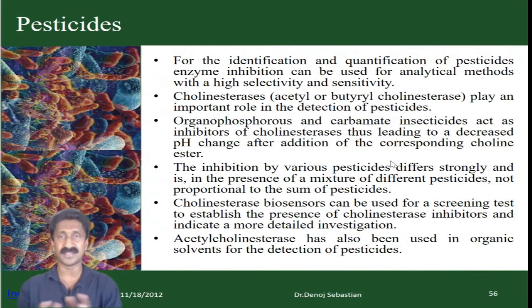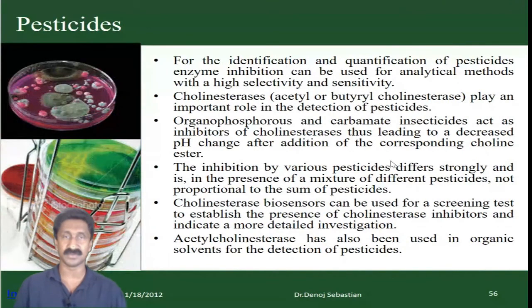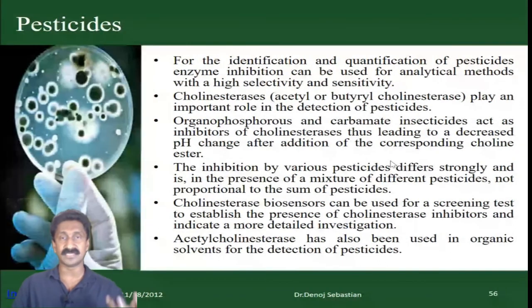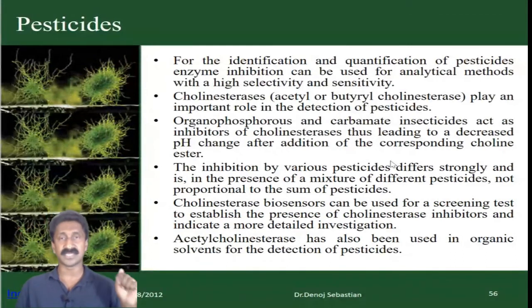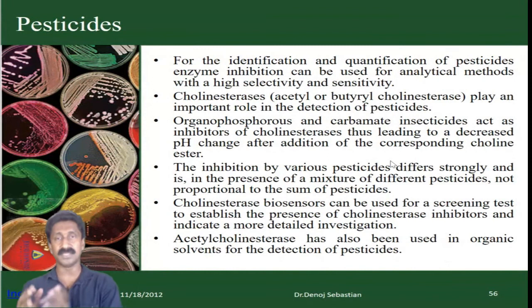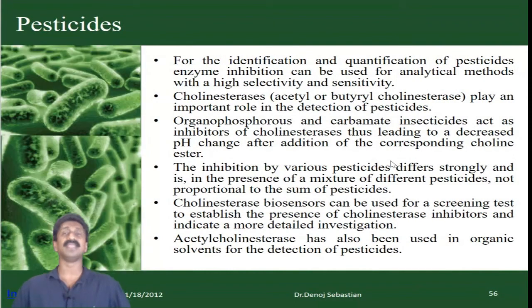You can't predict the actual output based on the inhibition of the enzyme, because if a mixture of 3 different pesticides is present, pesticide A may contribute some amount of inhibition, and B and C will have their own range of contribution to the overall inhibition of the enzyme. So you can't differentiate in this.